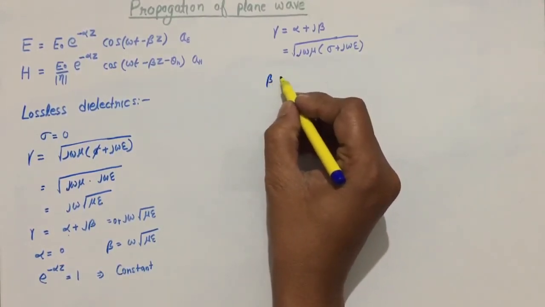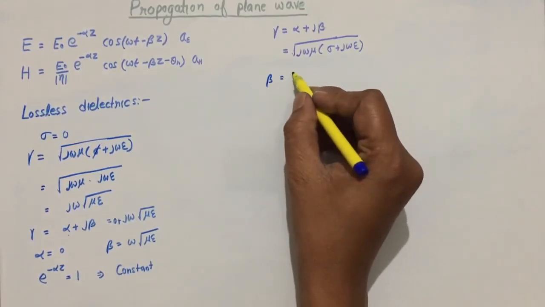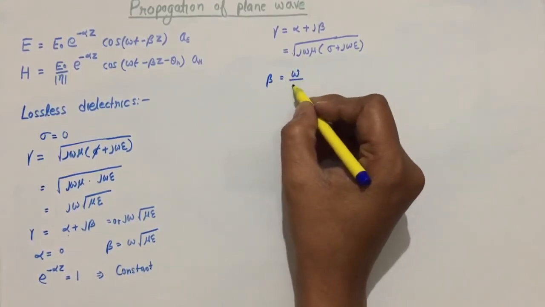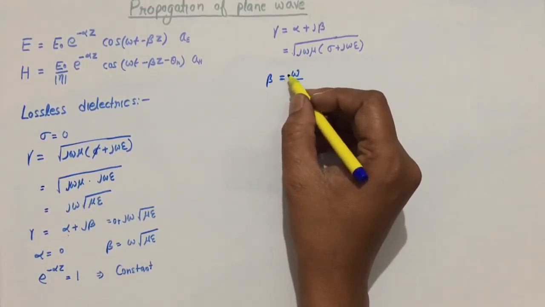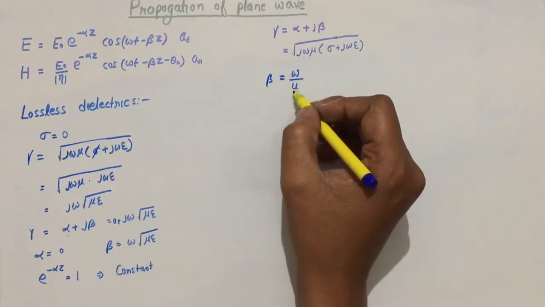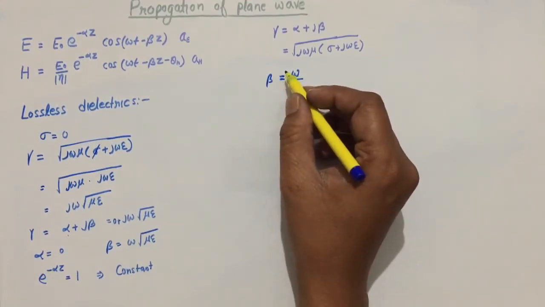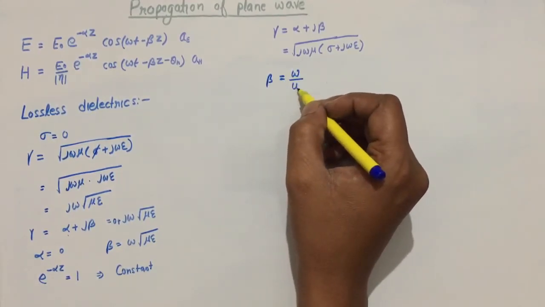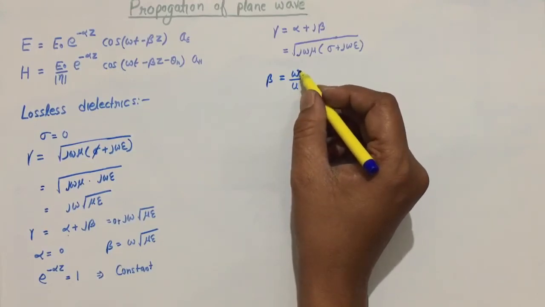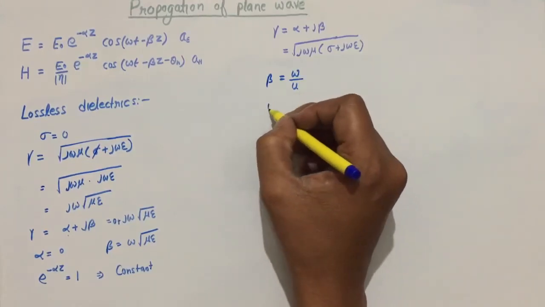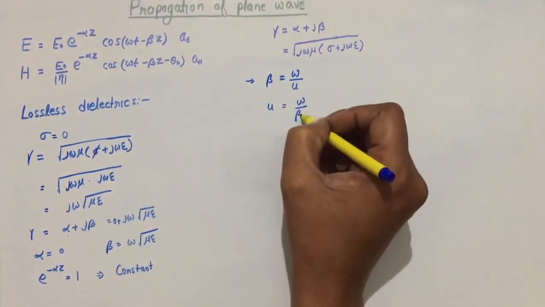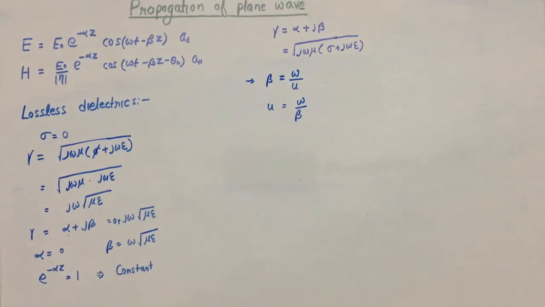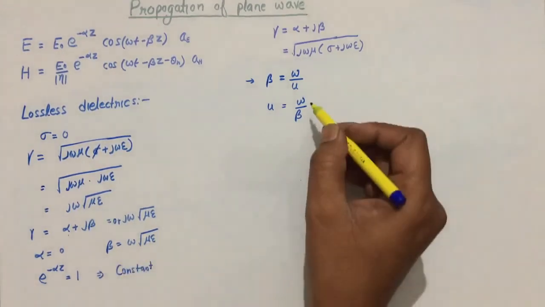From the wave equation we have beta is equal to the frequency of the wave divided by its velocity. It is a derived formula, and we are not interested in deriving it again, we just have this formula, where u is the speed of the wave and omega is the frequency of the wave. Now from here we can say u will be omega by beta, and for lossless dielectrics the beta is given here.